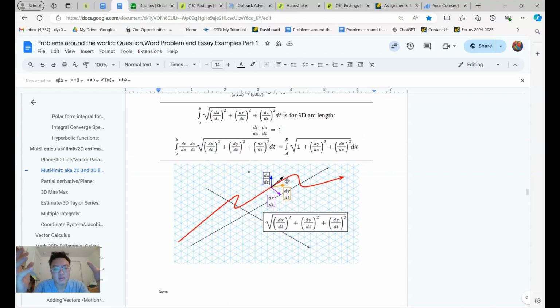In the end it's just the vector of speed, which is velocity. When you take an integral of that, you get the length, and that's how you get the arc length. It's the magnitude, so it's not really the position or displacement, but it works well enough to get the length of it.